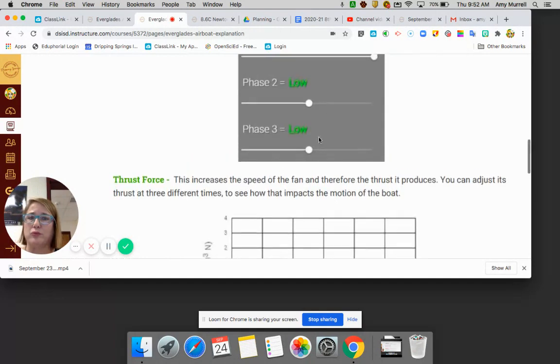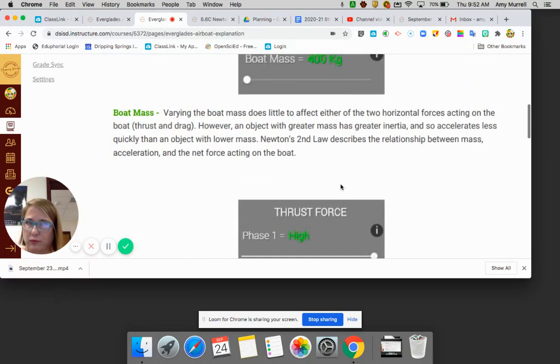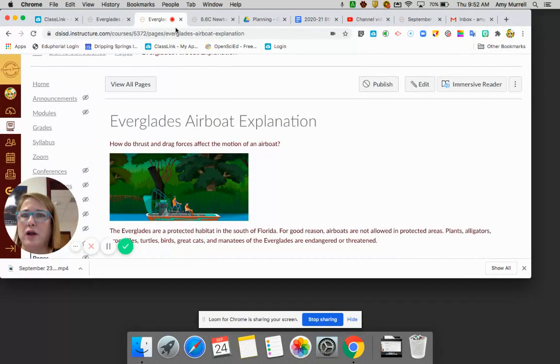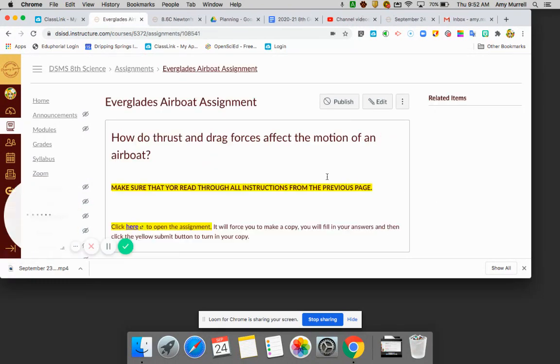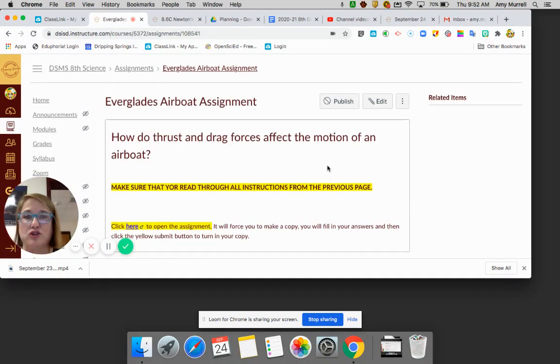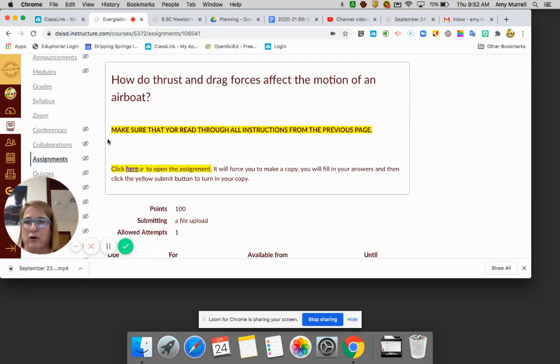After we went through the explanation page, we then asked you to complete an assignment. And this was just like the Ruthie and Irwin thing. You clicked there to open the assignment, and then you ran the simulation, and then you answered the questions.